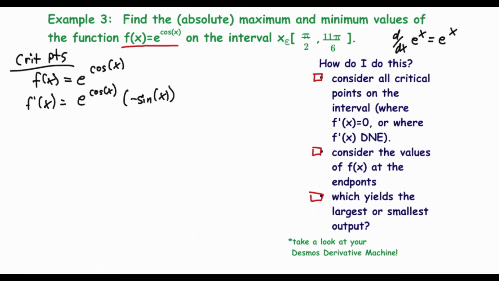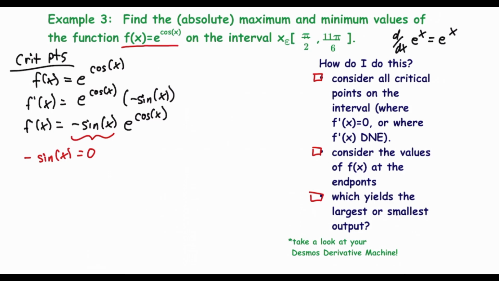And just a quick note that when we're dealing with this, x must be measured in radians. So I can rewrite my derivative, if I wish, as negative sine x times e to the cosine x. And we're going to need to set this equal to 0, and we have two factors, so let's deal with our first factor. We're going to set negative sine x equal to 0, and think about which values of sine x are 0.